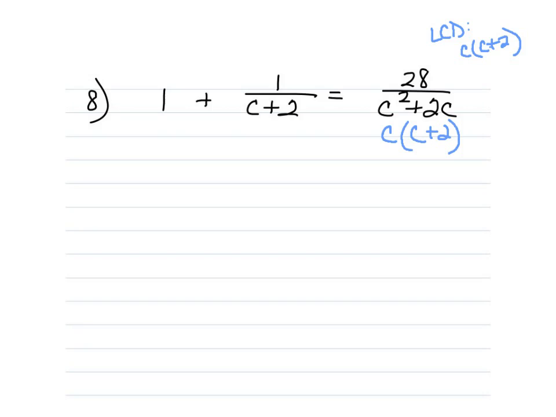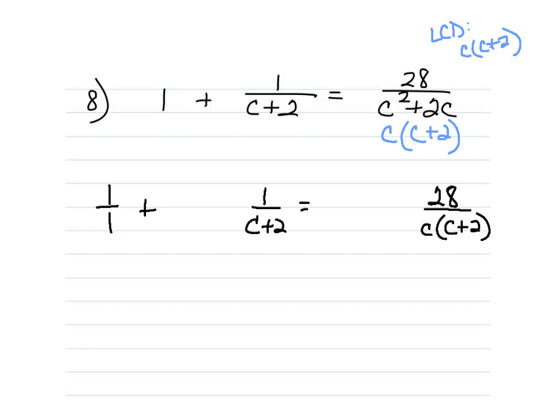All right, so I'm going to rewrite this expression with room to multiply every term by c times c plus 2 so that I can eliminate the denominators. Okay, so I have 1 over 1 plus 1 over c plus 2 equal to 28 over c times c plus 2.